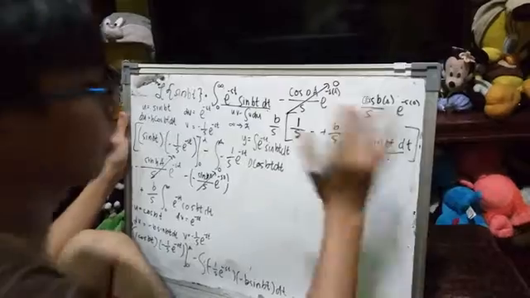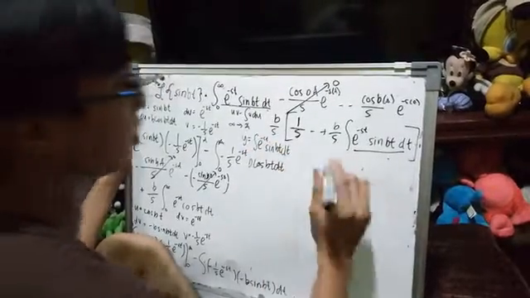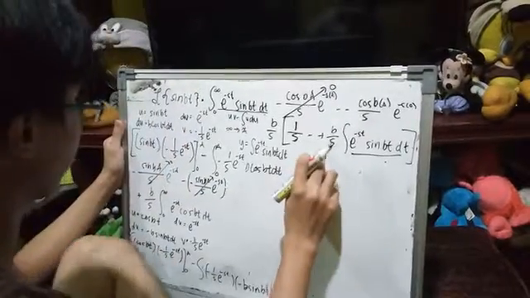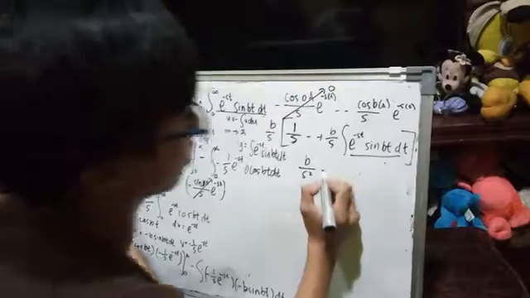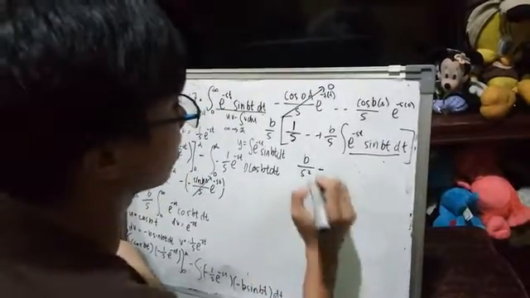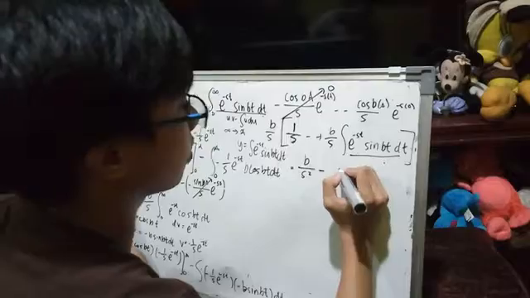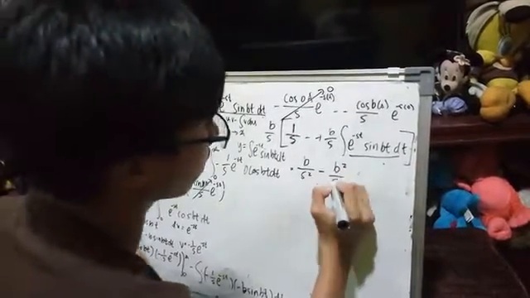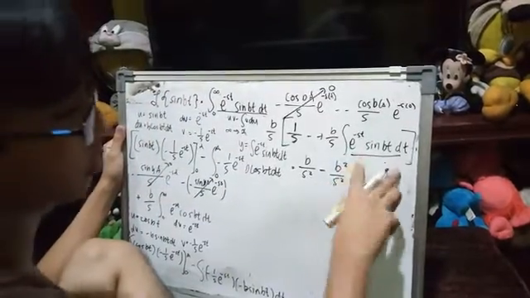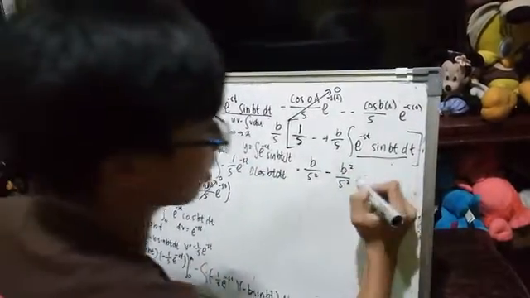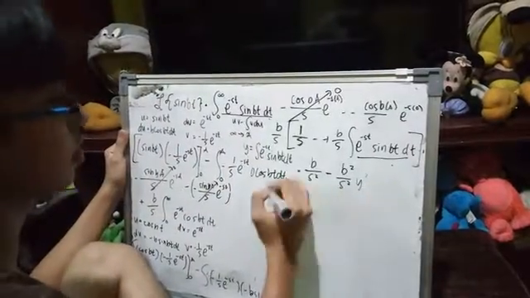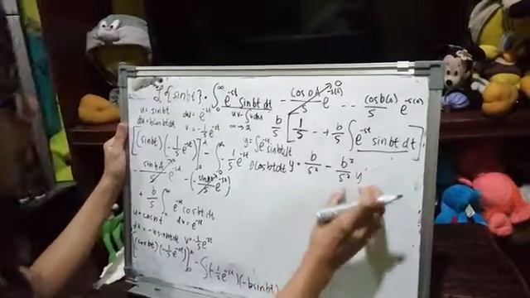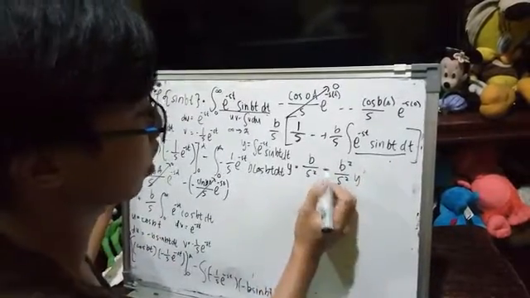If we solve this, it will become b over s squared, and negative times positive will become negative. So it will become b squared over s squared times y, as I said. So we can now transpose this part to the left side.